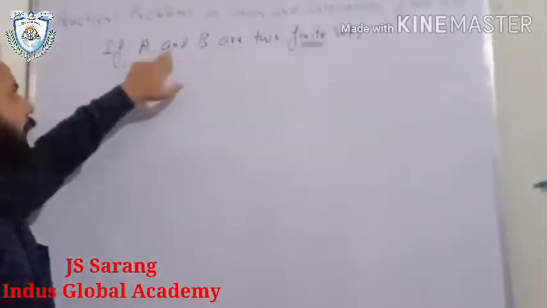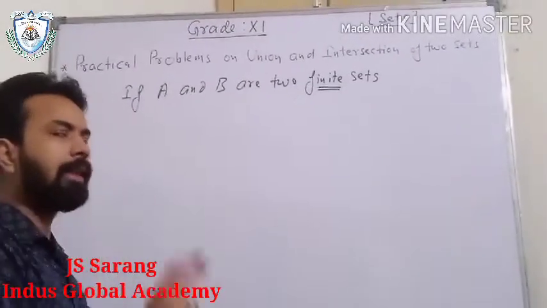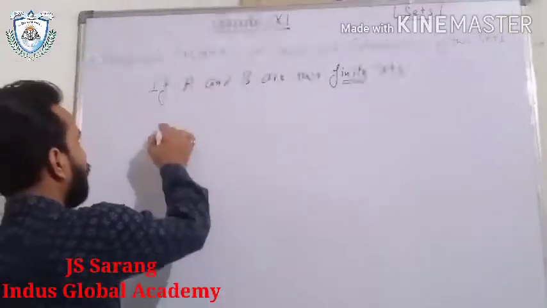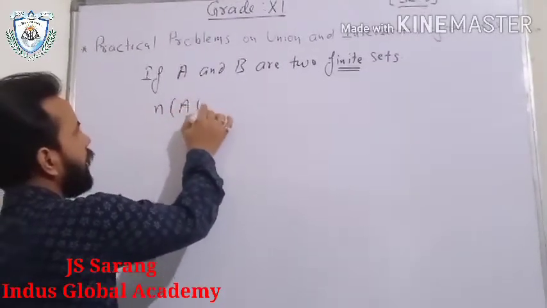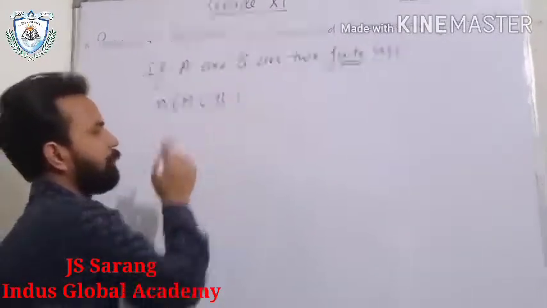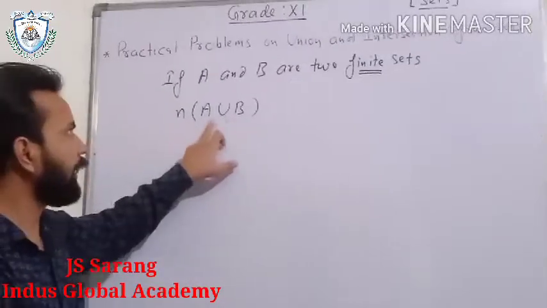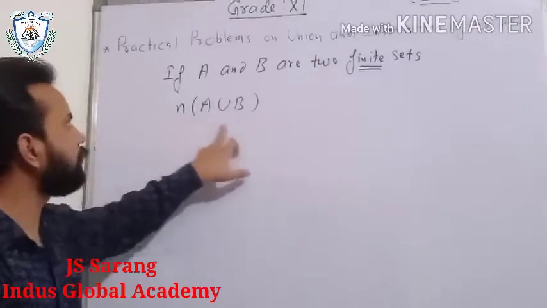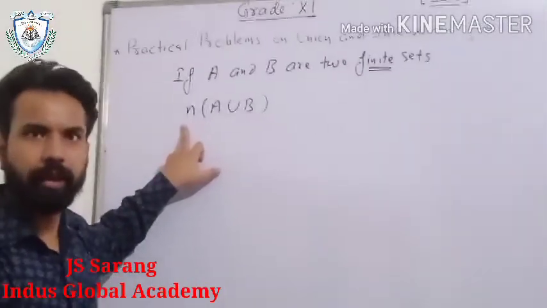So if A and B are two finite sets, then there is an identity, a formula, for finding the number of elements in A union B. Here I have written n(A union B). Small n stands for number of elements. Are you getting this?